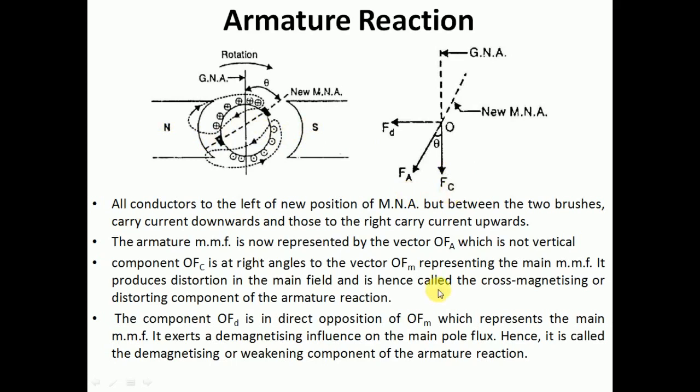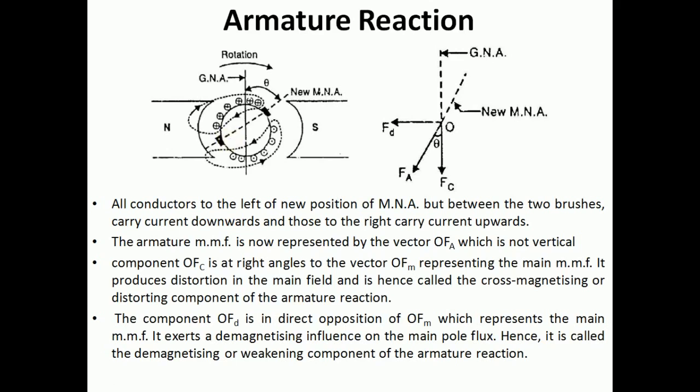So it's very clear that the effect of armature flux on the main flux disturbs the main flux, which causes a shift in the magnetic neutral axis, and this leads to a shift in the brush position, which further causes the redistribution of current in the armature conductors.